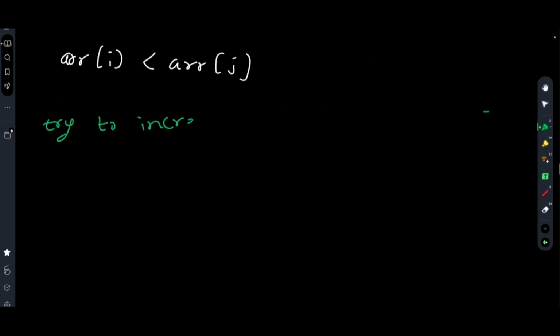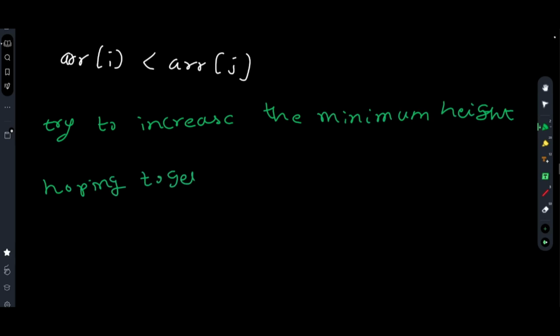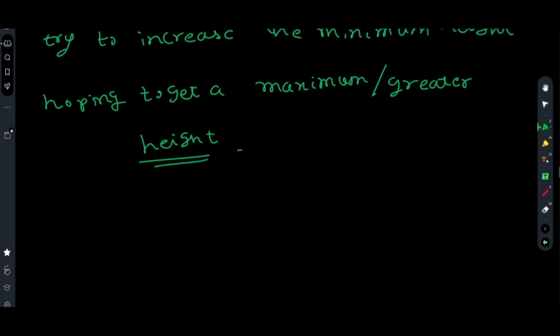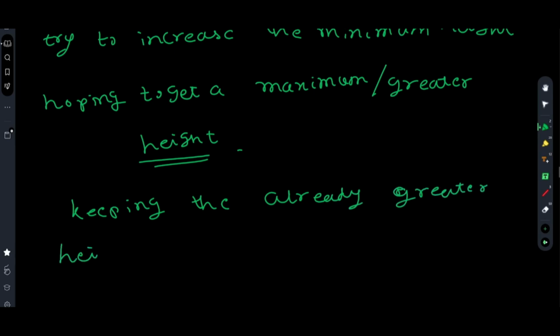Try to increase the minimum height, hoping to get a maximum height or greater height, keeping the already greater height j as constant. So what are you doing in this process?